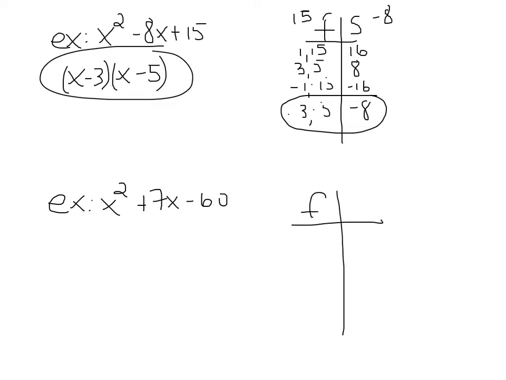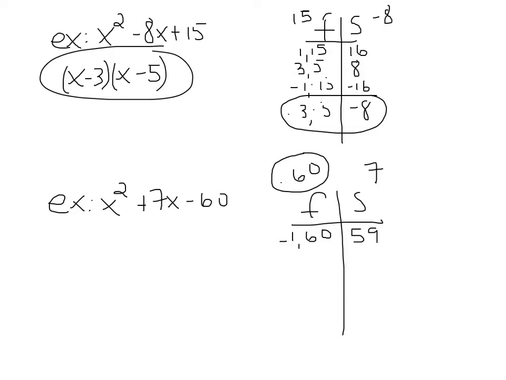In the next example, we want two numbers that multiply to give negative 60 and add up to 7. Now we're going to have a lot of pairs of numbers, so let's be a little bit thoughtful about what we choose. Since the numbers have to multiply together to give us a negative, we know that one of the numbers has to be positive and one has to be negative, but the bigger of the two needs to be positive. For example, negative 1 times 60 is negative 60, but if we added them up, we would get 59, which is a long way away from 7.